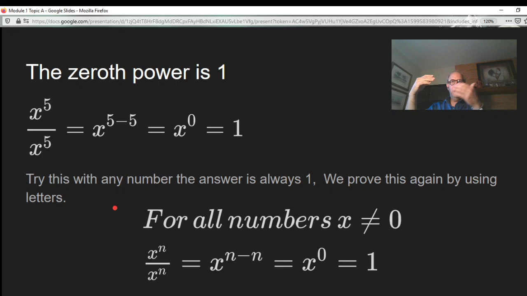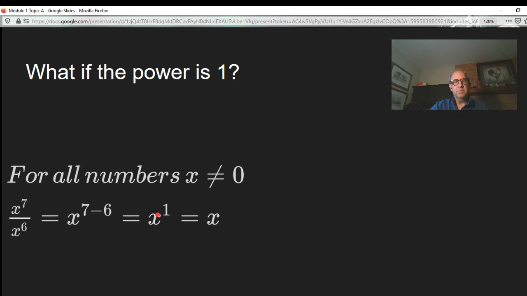Okay, so what if the power is 1? We should know this, right? If we have x to the 7th divided by x to the 6th, then x to the 7th minus 6th equals x to the 1, which is just x. Any number to the first power is that number. Any number to the 0th power is 1.